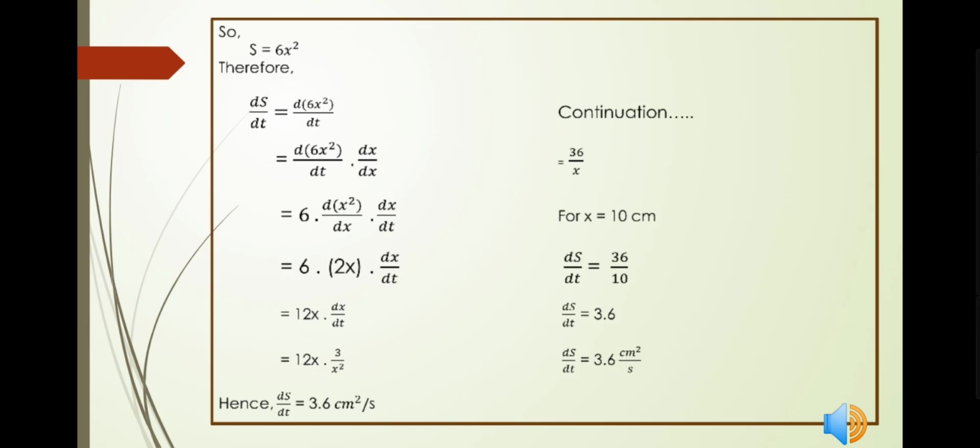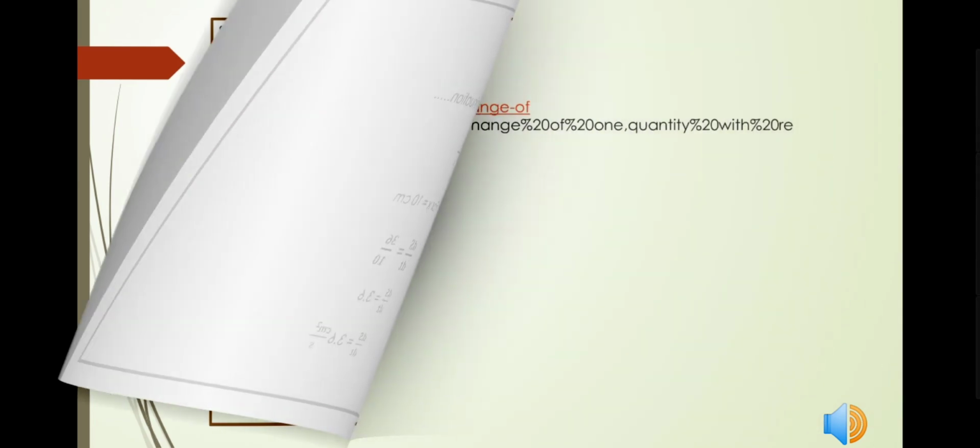Since surface area is in centimeters squared and time is in seconds, we have ds over dt equals 3.6 centimeters squared per second. Hence, the rate of increase of its surface area when the length of an edge is 10 centimeters is 3.6 centimeters squared per second. That's how we use derivative as rate of change to solve a real-life problem.